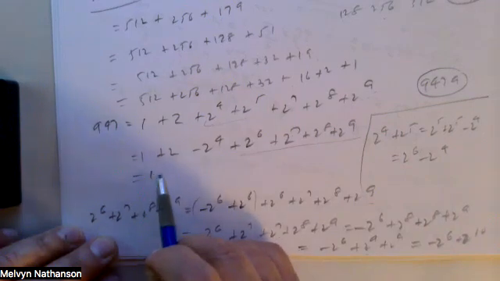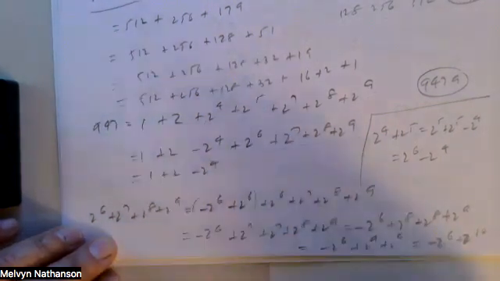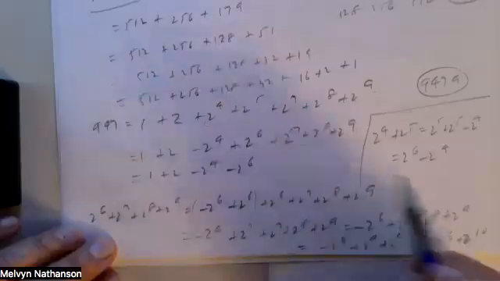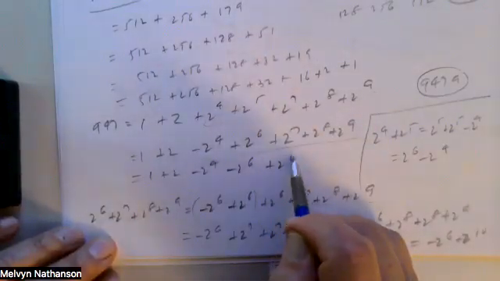So this is equal to 1 plus 2 minus 2 to the 4th minus 2 to the 6th plus 2 to the 10th.